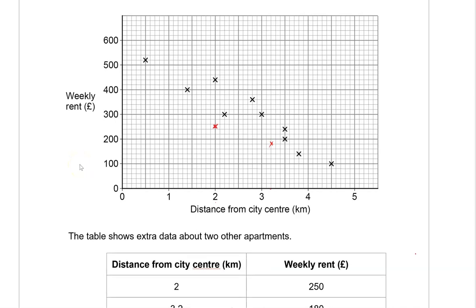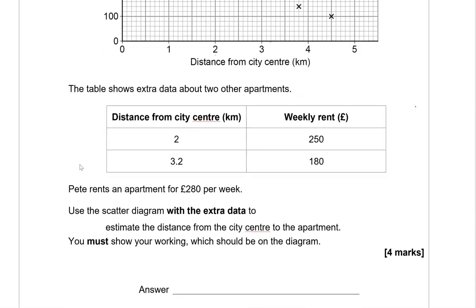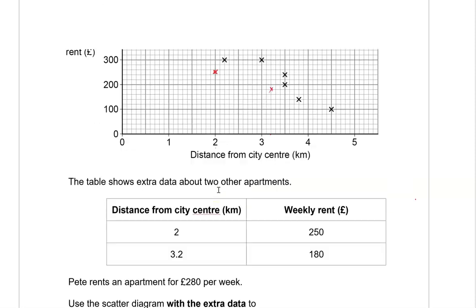Now we're going to need to draw a line of best fit, because we'll need to use that to estimate the distance from the city centre to this apartment, for which the rent is £280 per week.